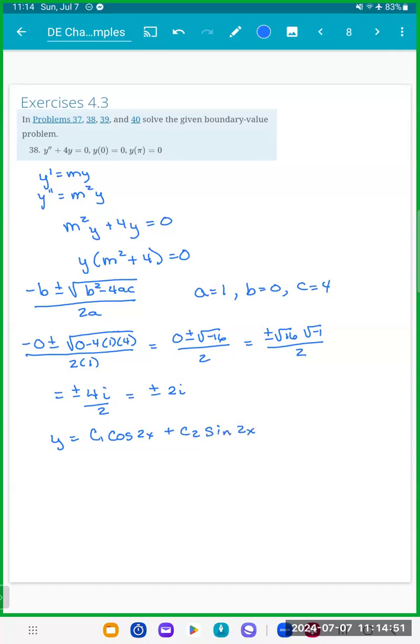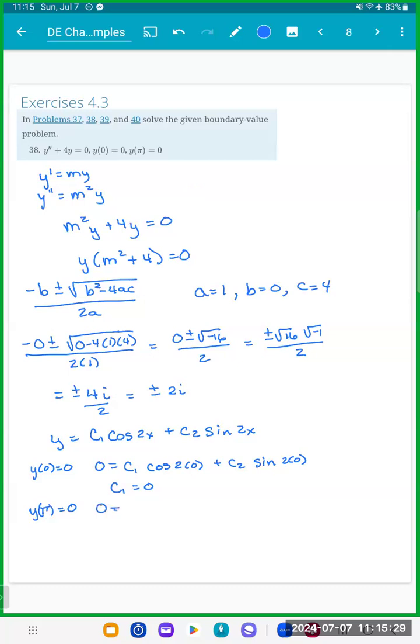Okay, we were given some initial conditions here. Given that y of 0 is equal to 0, we could say 0 is equal to c1 cosine of 2 times 0 plus c2 sine of 2 times 0. Therefore c1 is equal to 0. We were also given that y of pi is equal to 0.